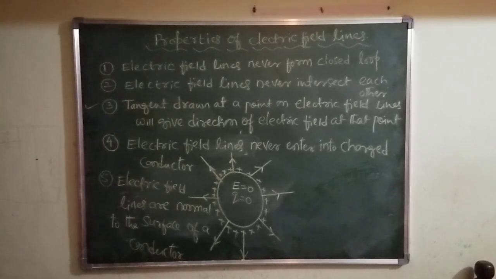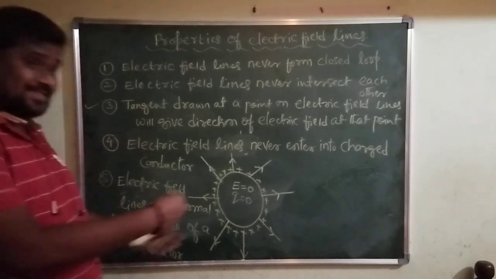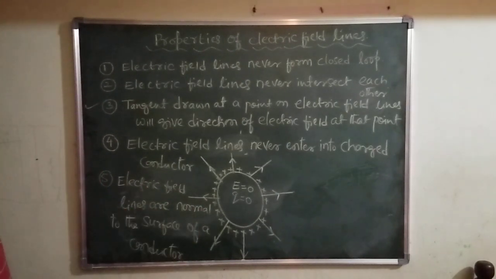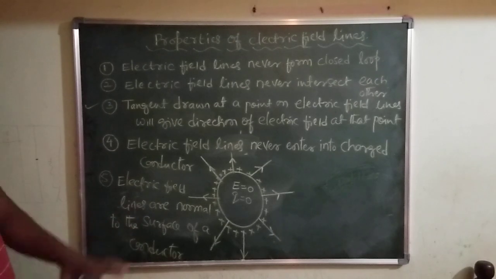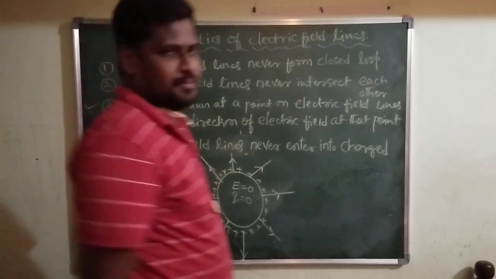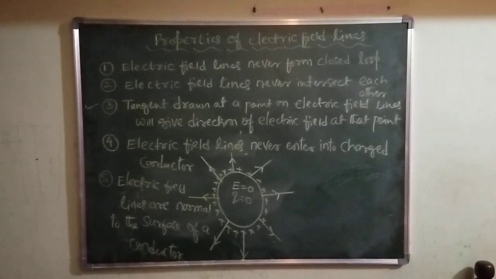Fourth, electric field lines never enter into the conductor, that is, a charged conductor. The last one, electric field lines are normal to the surface of a conductor. These are the basic 5 important properties of electric field lines.